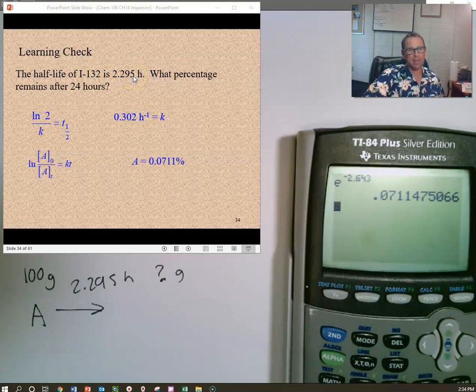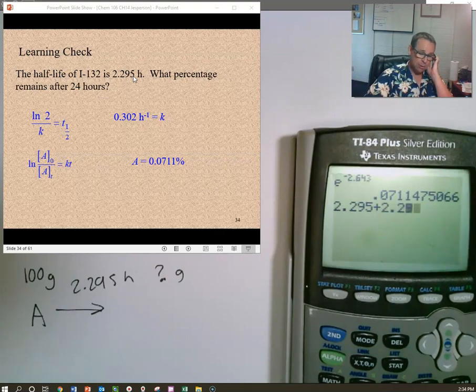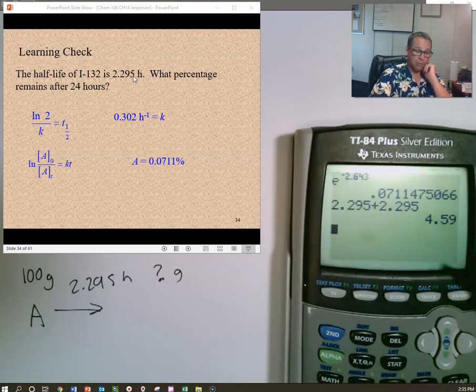Very good. If I let it go for a second half-life, another 2.295 hours, how many grams would I have left, Sarah? 25 grams. So after 4.59 hours, I'm going to have 25 grams left.